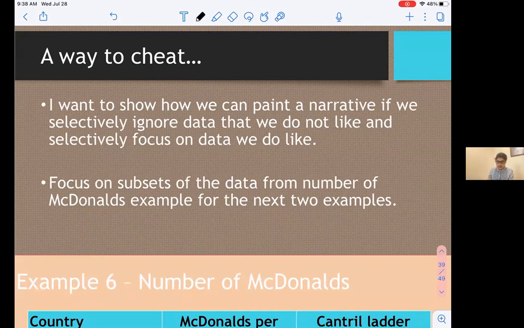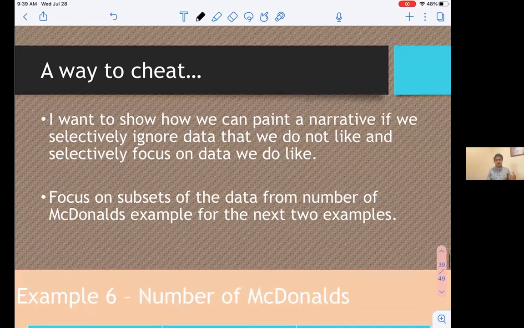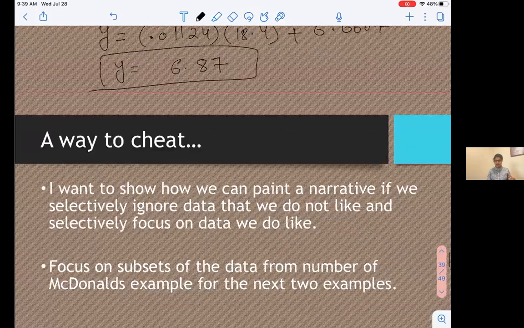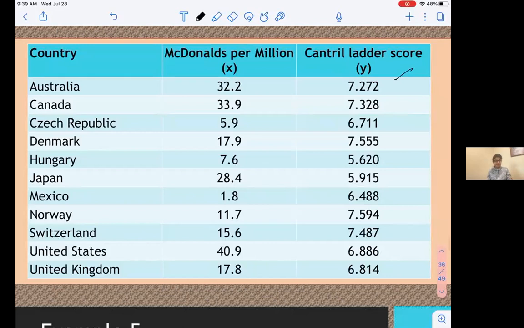We can also focus on some subsets of the given data from the McDonald's example. In the next two examples, you can see what that actually means, for instance, in this case, with the following data.